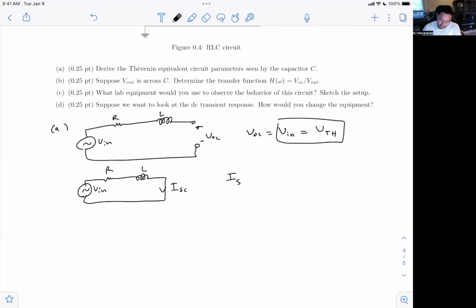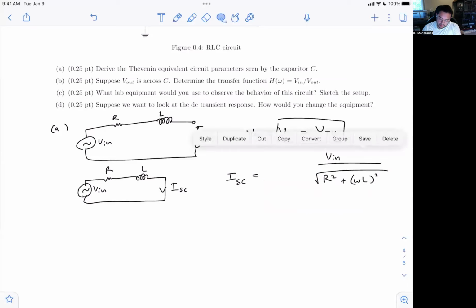For I short circuit, we're applying V in across this network of R and the inductor, which has an impedance of omega L. I'll write this out better. V in divided by the magnitude of ZR plus ZL, right?